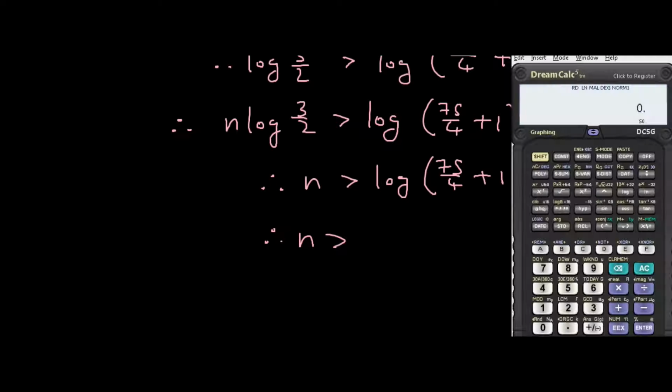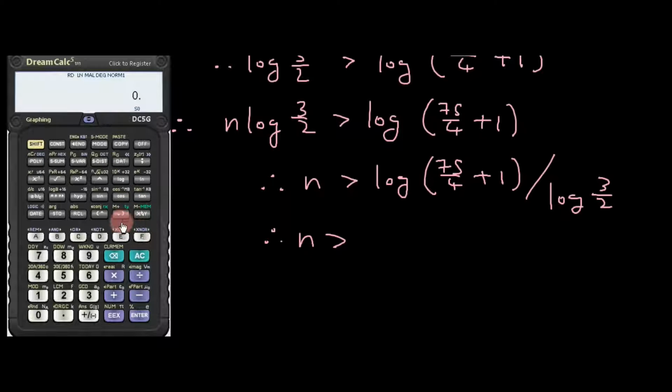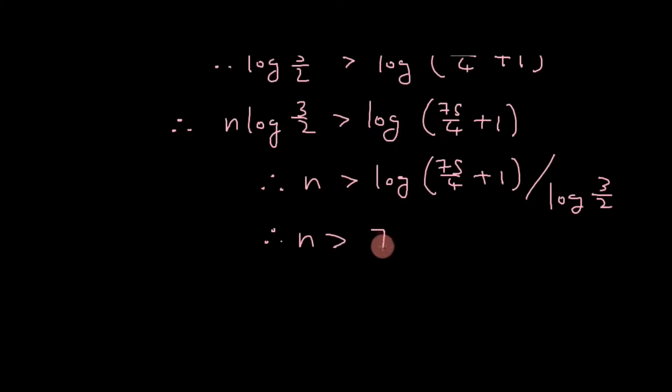This we can work out on a calculator. And our answer comes to 7,36, rounded off to 2 decimal places. So n is greater than 7,36.